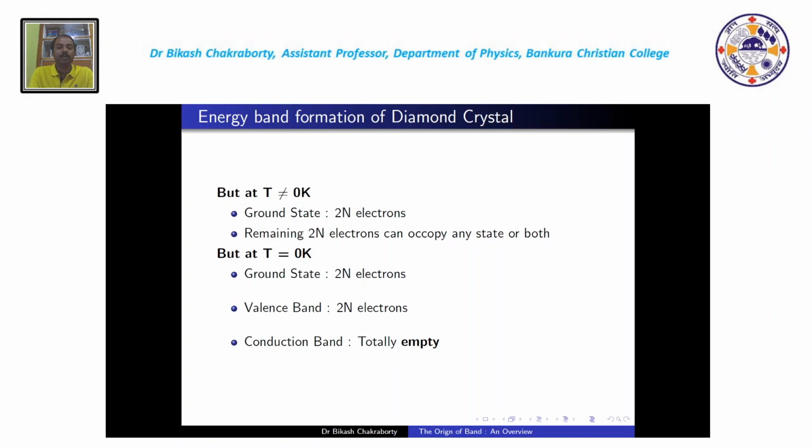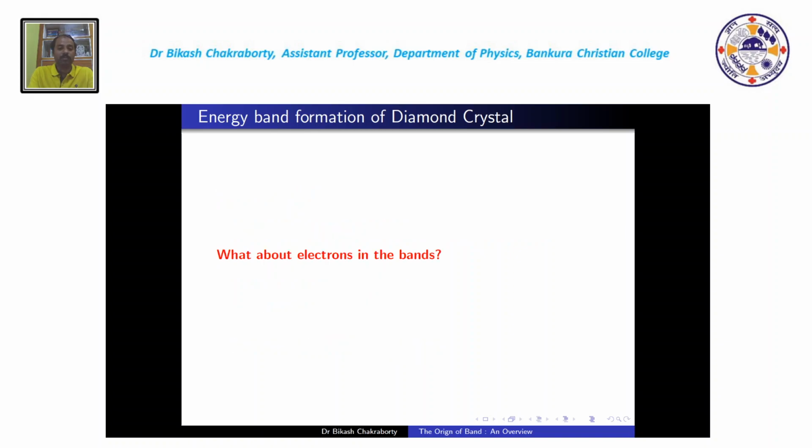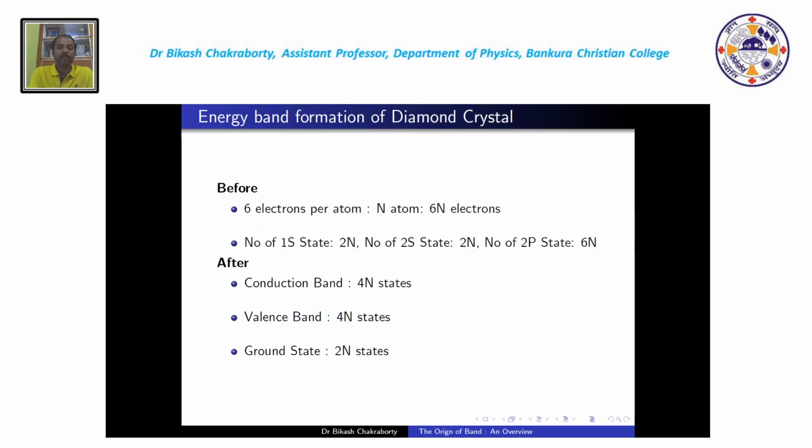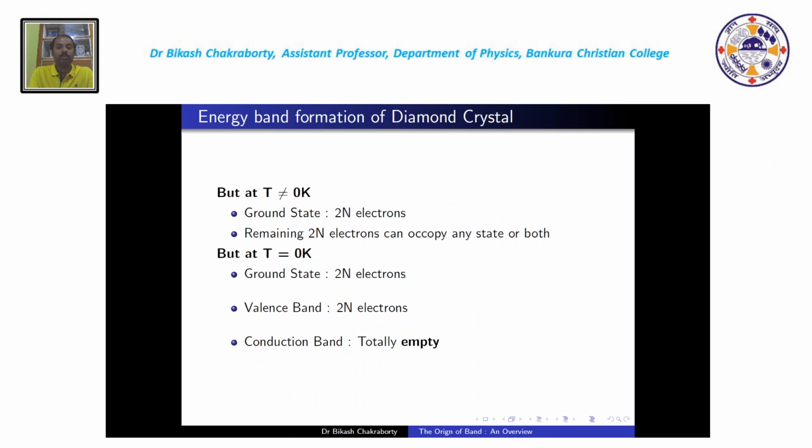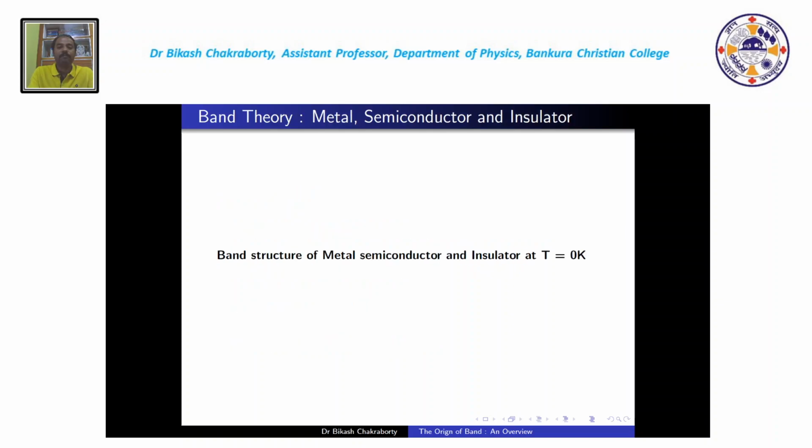Ground state will contain, as before, 2n electrons. Valence band will contain 2n electrons because valence band consists of 4n states. So they will contain 2n electrons, and the conduction band is totally empty. So from this discussion, we can have an idea of band.